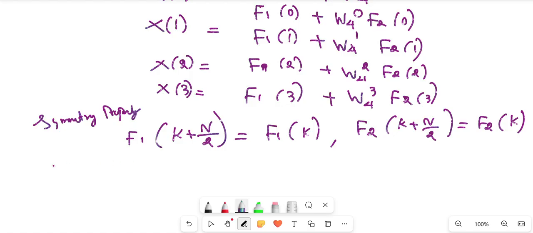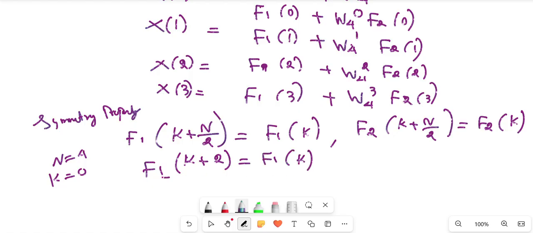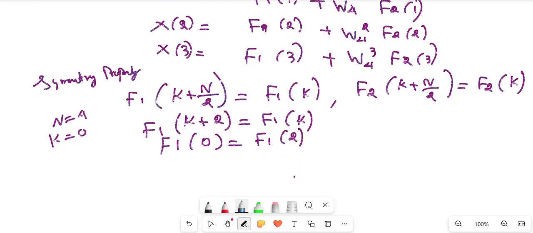F1 of k plus 2 is equal to F1 of k. So k equal to 0 means F1 of 0 is equal to F1 of 2. Similarly, k equal to 1 means F1 of 3 will be F1 of 1.